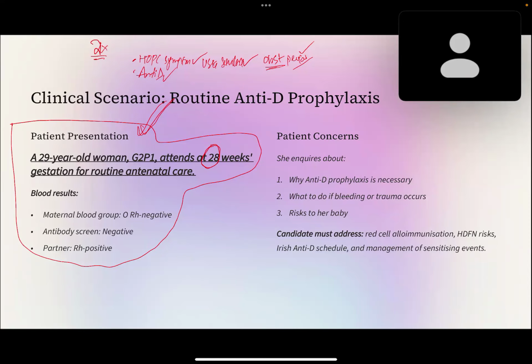I would ask about any medical conditions that she has, any medications she has been taking, any allergies, and also any surgeries below the tummy.